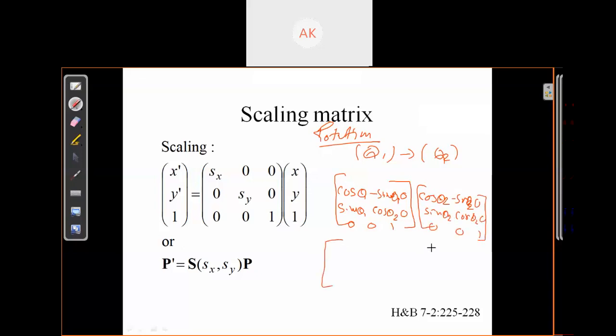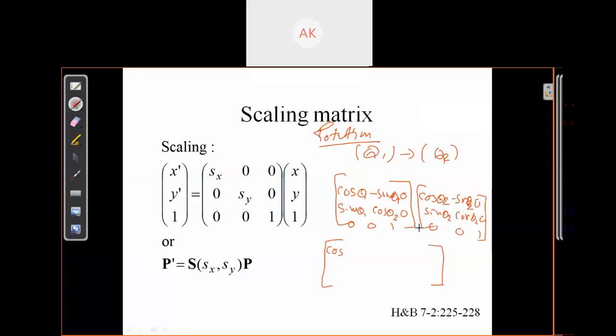When you multiply these two matrices, you will get cos theta 1 cos theta 2 plus minus sin theta 1 sin theta 2, and so on.